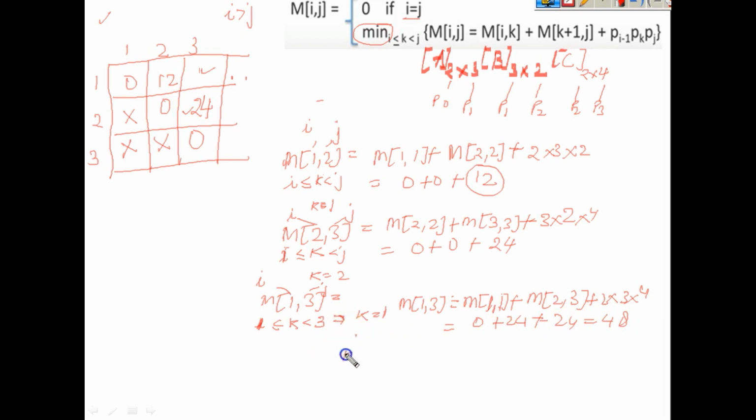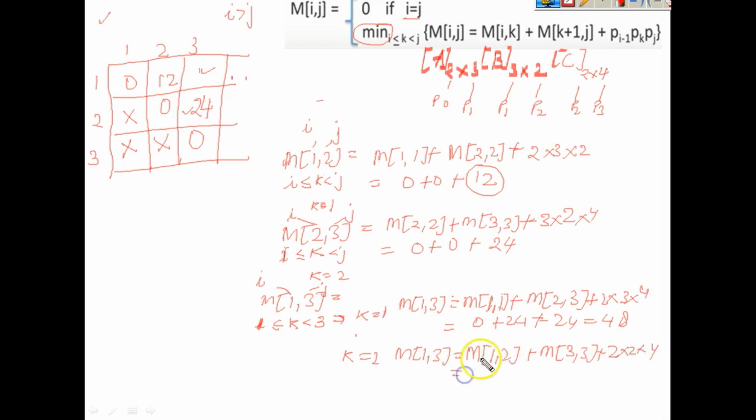Now I am solving for K equals 2. So when you solve M13 with K equals 2, you will get M12, that is Mik, plus M(K+1)J, that is M33, plus P(i-1) Pk Pj. So I is 1 here, so this is 2, and K is 2 here, so P2 is 2, into 4.